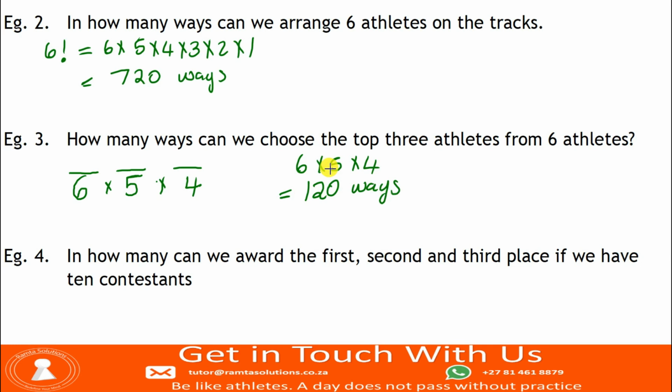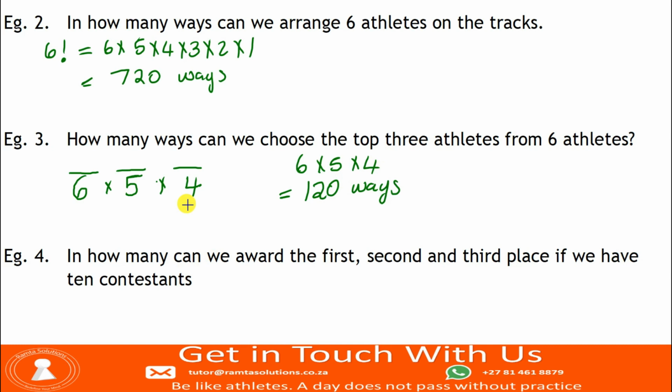Do you see this one? It's not necessarily using factorial notation. It's still the counting principle. So there are 120 ways in which you can choose the top 3 athletes from 6 athletes.